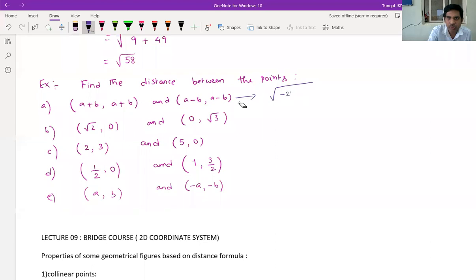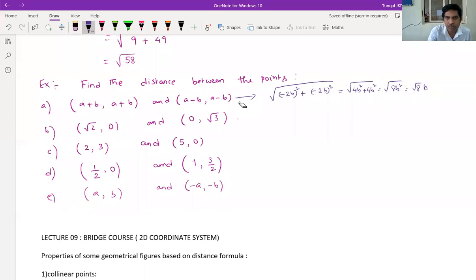So minus 2b whole square will come, plus this one, the a gets cancelled, and again we get minus 2b whole square. Nothing but you will get 4b square plus 4b square, nothing but root 8b square, this is nothing but root 8b.